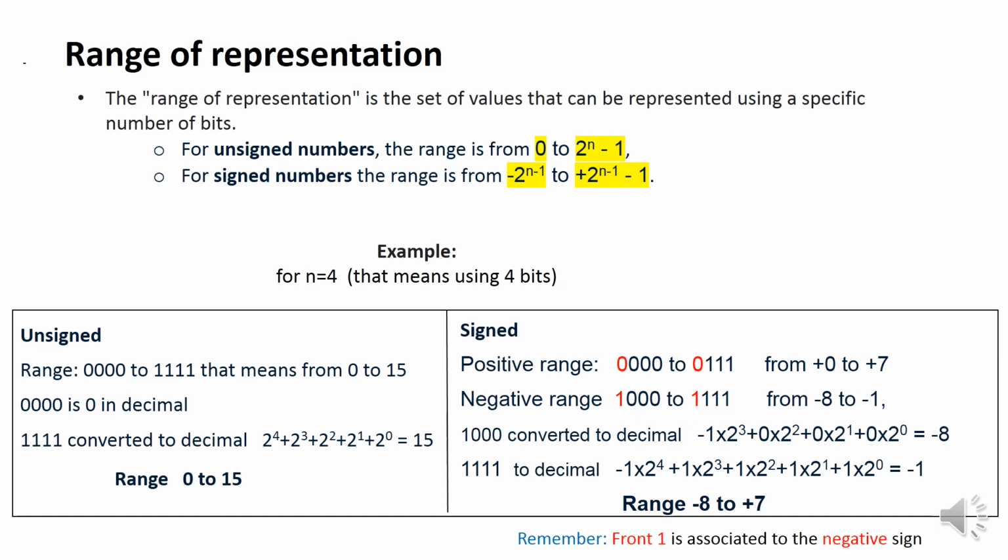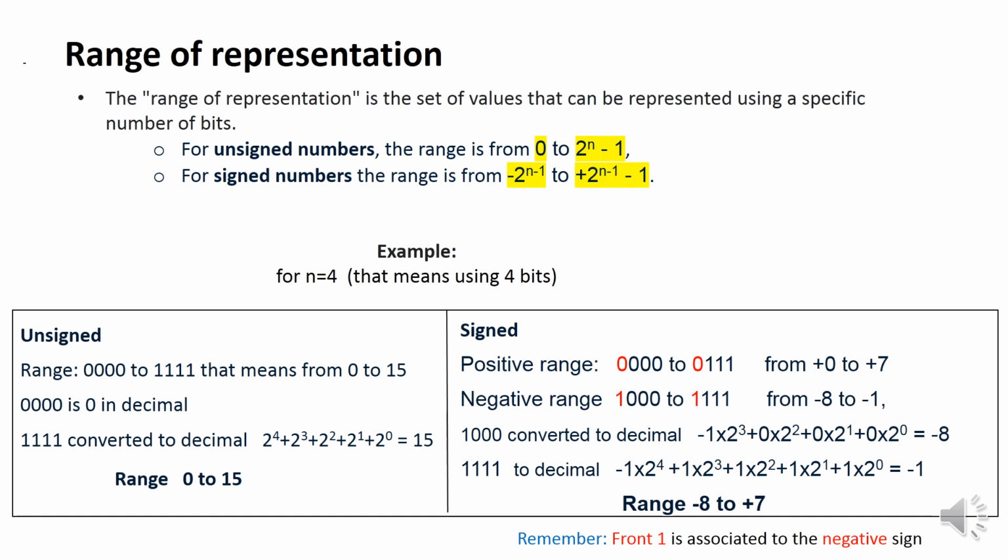That means from minus 8 to minus 1, because 1000 converted into decimal is minus 8, and 1111 into decimal is minus 1. So altogether the range is from the lowest, minus 8, to the highest, plus 7.